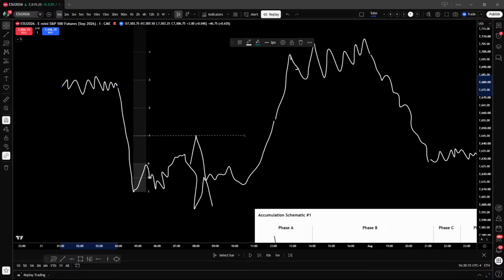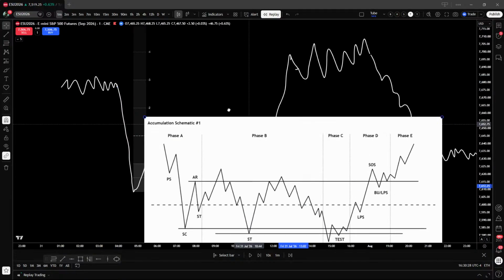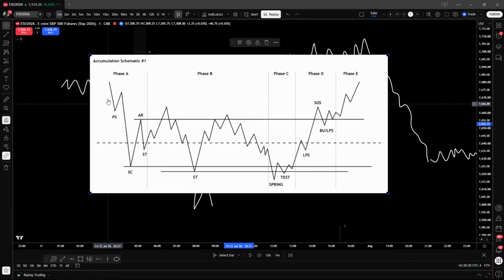Yes, I remember this from the masterclass and the Reddit post. All right, and it does line up pretty well.